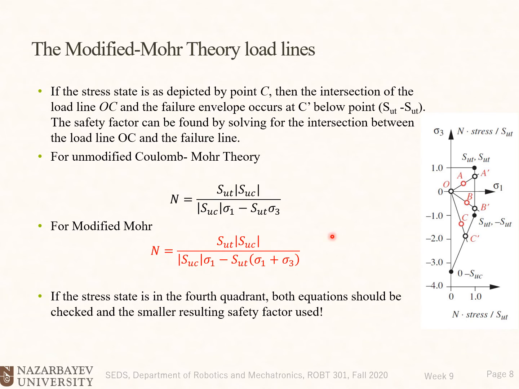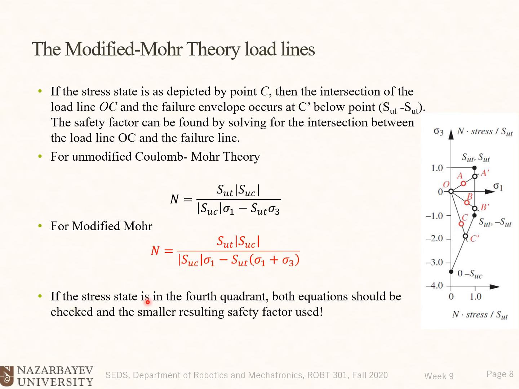Then we could use this formula for the safety factor. And for modified Mohr, as you could see in this picture, this is the failure line for the modified Mohr, exactly as what we have in this picture. Then the safety factor could be calculated by this formula.